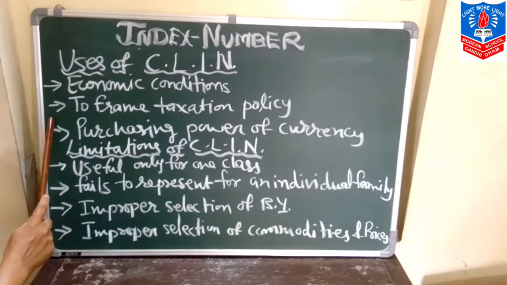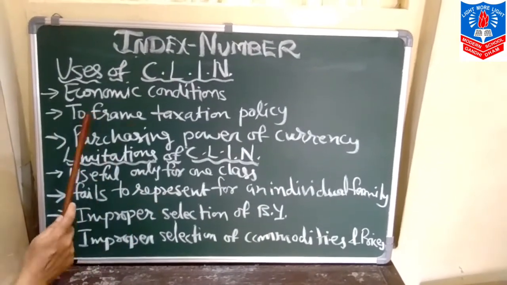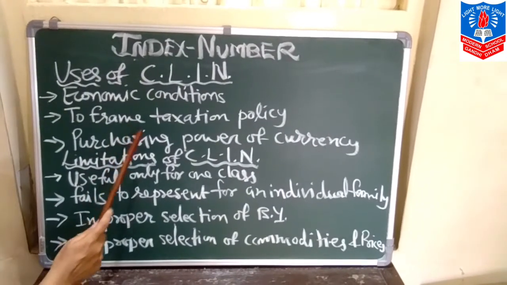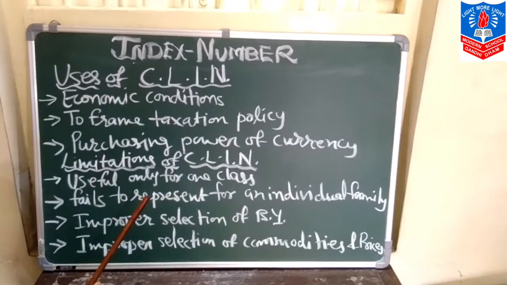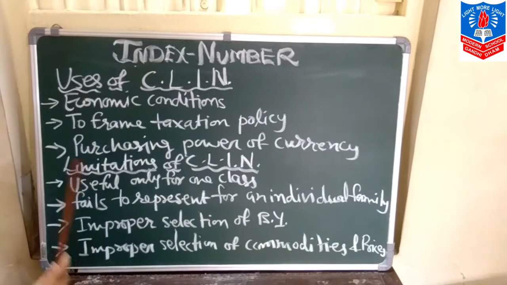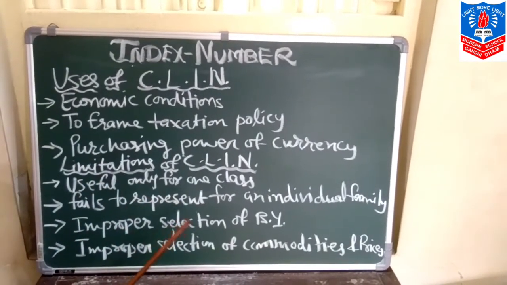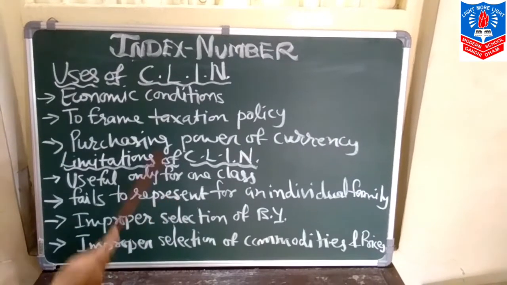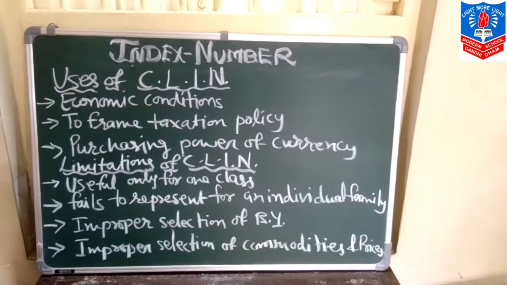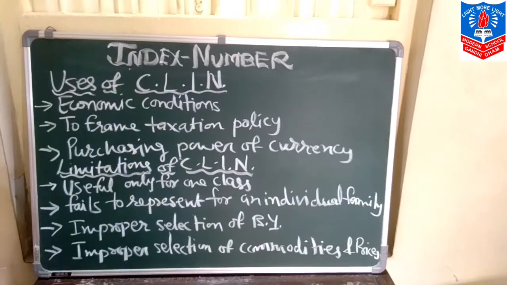Number two, at government level, these index numbers are used to frame taxation policies. Number three and last, the changing purchasing power of the currency can be measured with the help of this cost of living index number.